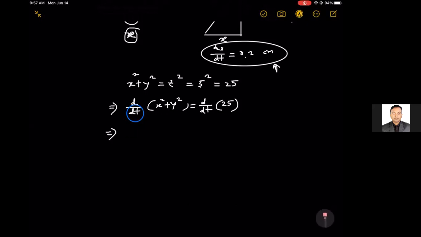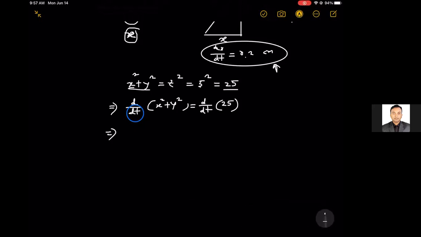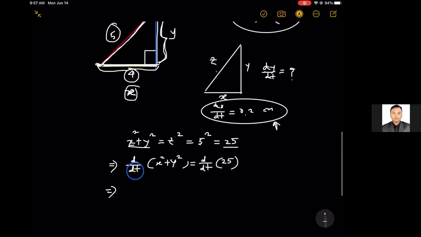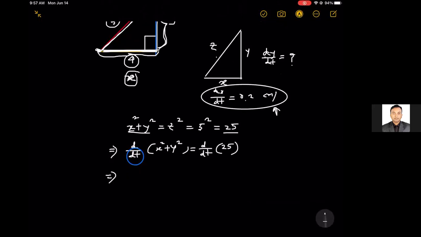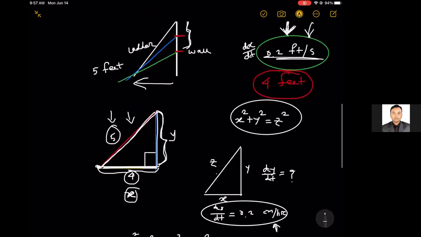So we are trying to find the derivative of this equation, right? Since we are trying to find the rate of change, that means we are trying to find the derivative in terms of t, right? Because you can see, oops, I think I should write per second here.